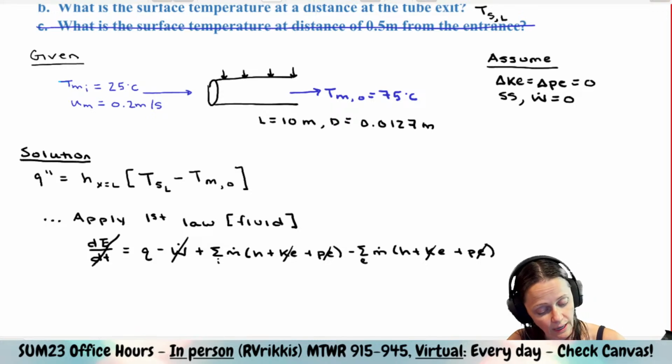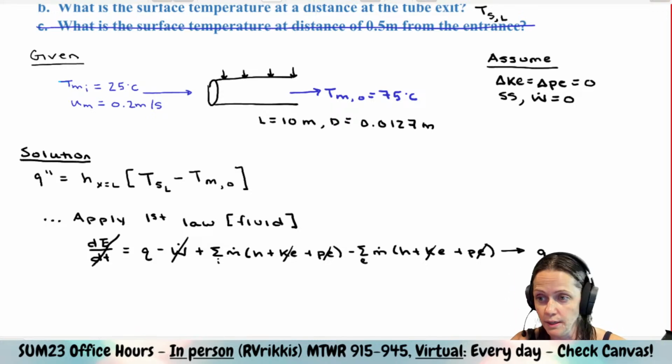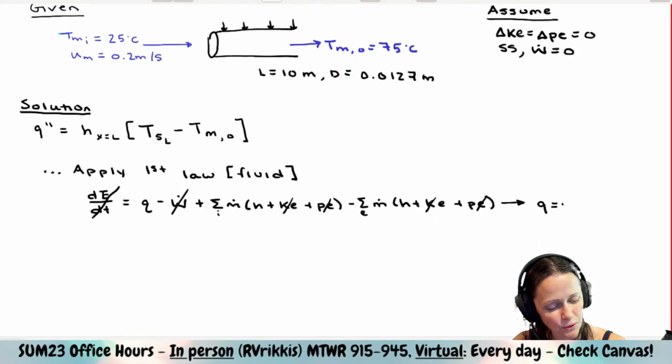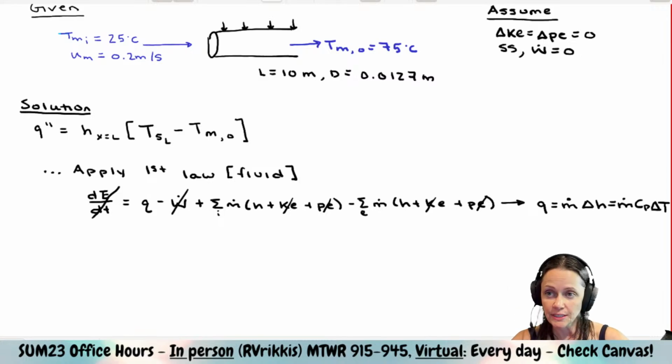So now I have Q, and I think my head's in the way now, so let me move that out of the way. I have Q is equal to m dot times delta H, which I'm going to put as m dot Cp delta T. And that delta T is from the inlet to the outlet.